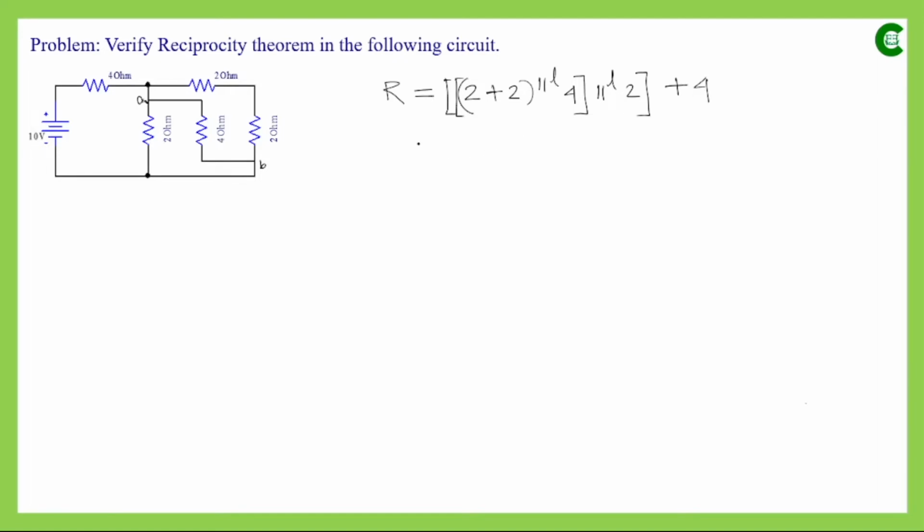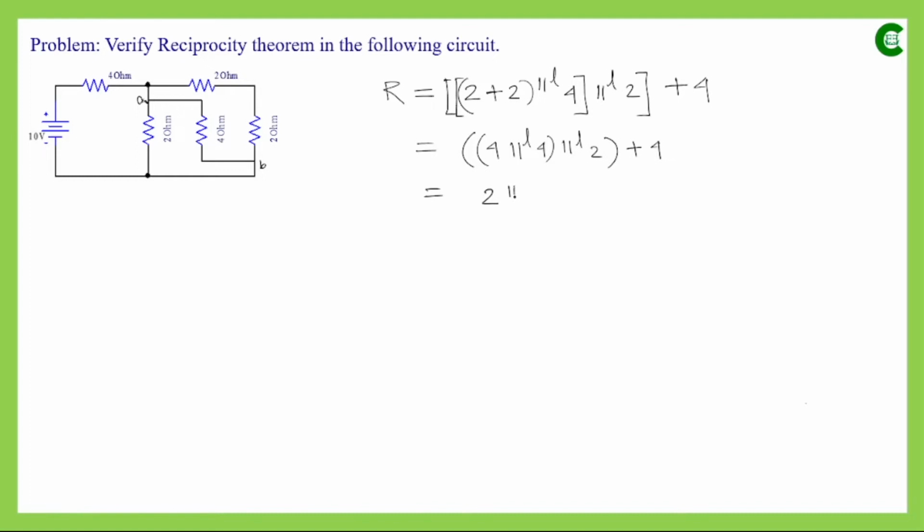Now let's simplify this. 2 plus 2 is 4, and with that this 4 ohm is in parallel. Since 4 and 4 are connected in parallel, their equivalent resistance will be half of each value. So it will be 2.